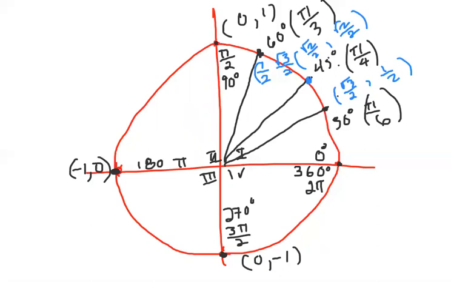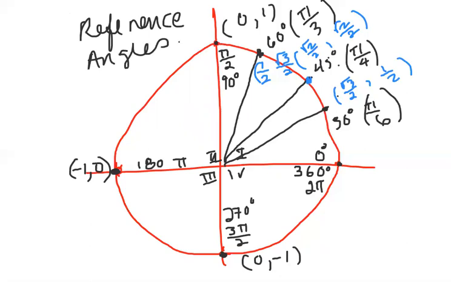And what do we use? We use the reference angles. What are the reference angles? That's number 1. You want to sketch the reference angle, find your reference angle. That's the first thing you need to do. Once you figure out what the reference angle is, that will take you back to the first quadrant.